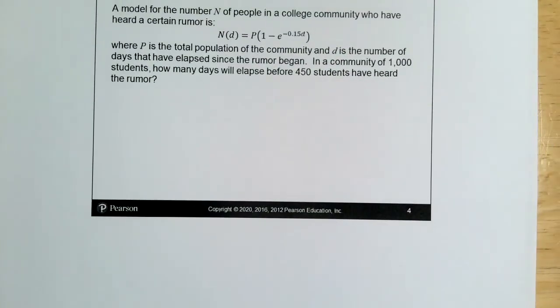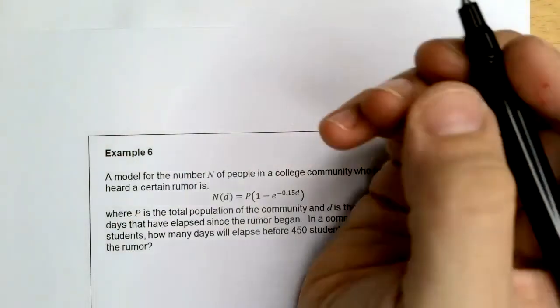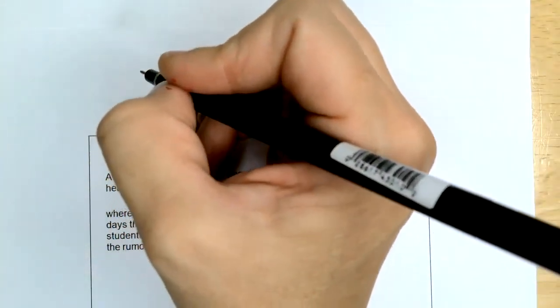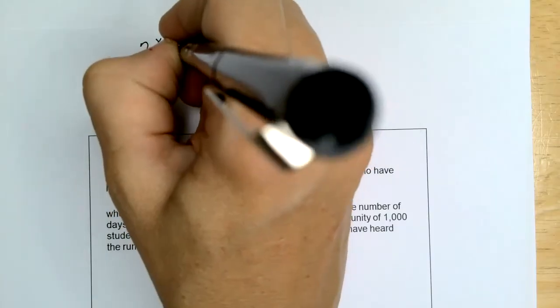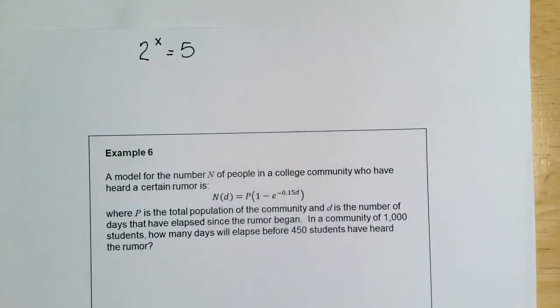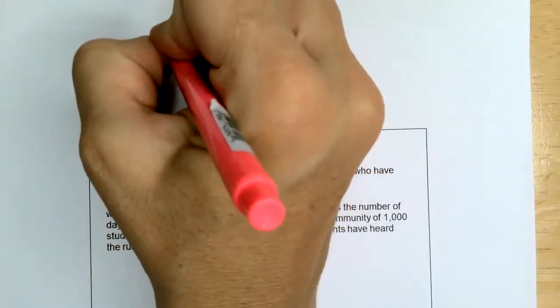Now, let's go back, before we get to example 6, because it's not in the same theme, to this original: 2 to the power of x equals 5. Do we know how to solve? Yeah, we just go in a circle. Start at the base.